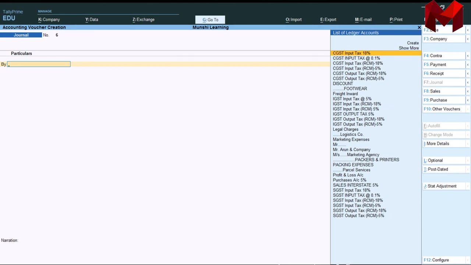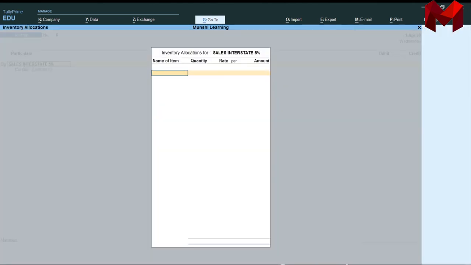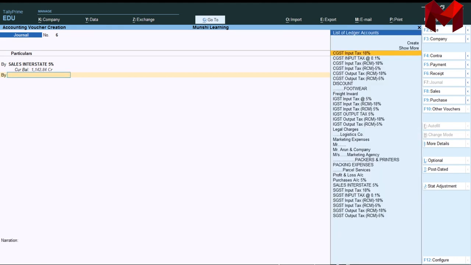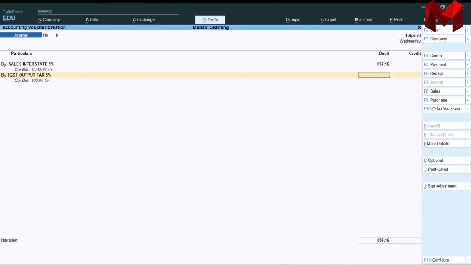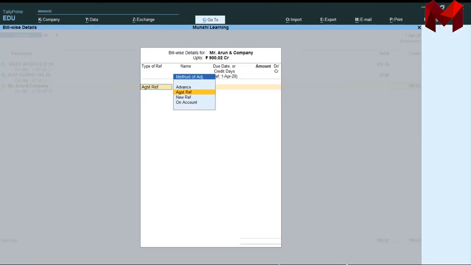This is very important. So our sales account, sales interstate, was this 857.16. We have reduced our sales by 857. IGST output tax of 5%: we are going to reduce our IGST output tax as well by 42.86 rupees, as mentioned on the bill, to Arun and Company, 900.02.